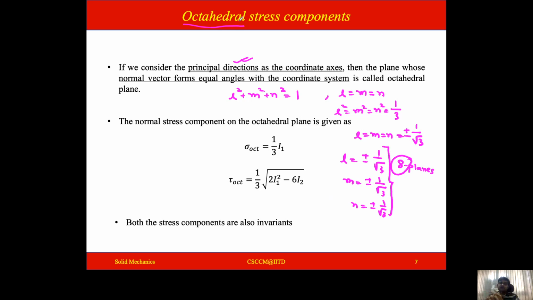Now, what are the normal component of stress and shear component of stress on this octahedral plane? So let us try to find out the normal component of stress and the shear component of stress on this octahedral plane. So remember the relation. What is sigma n? Sigma n is sigma 1 l square plus sigma 2 m square plus sigma 3 n square, because we are considering the principal plane.